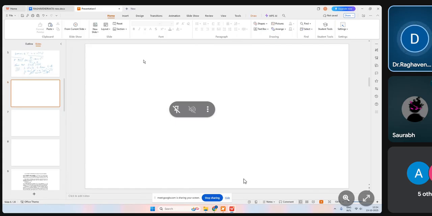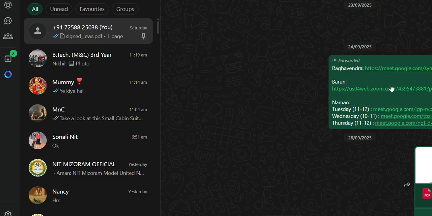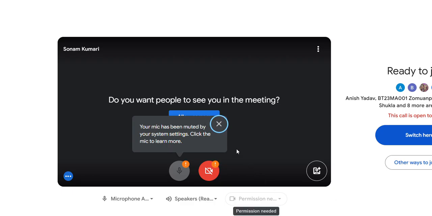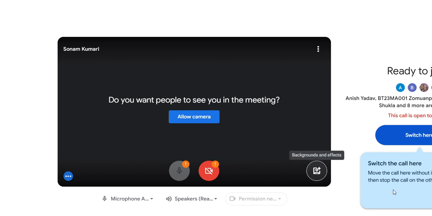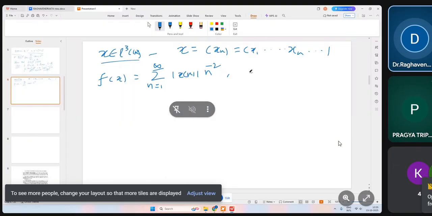One of the simplest questions, which I have done in the class also: x is in L3, the sum over n equal to 1 to infinity, for x in L3.